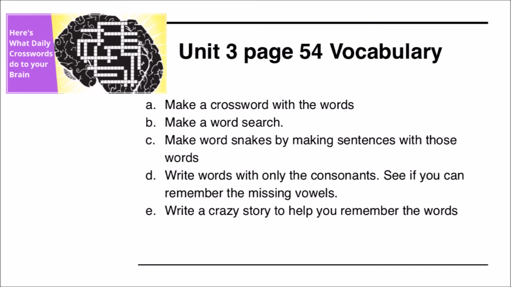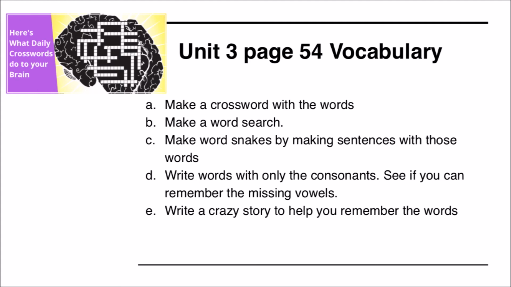And you can make word snakes, and in a word snake all the words are put together, and you can basically join all the words so there's no spaces, and then the words go like a snake, like wiggling along.